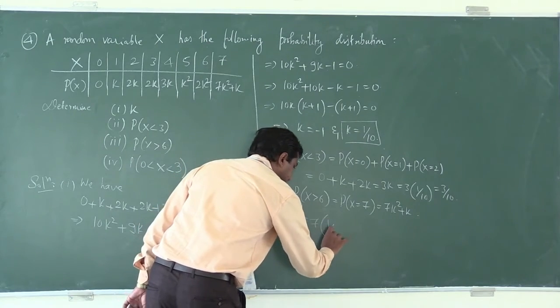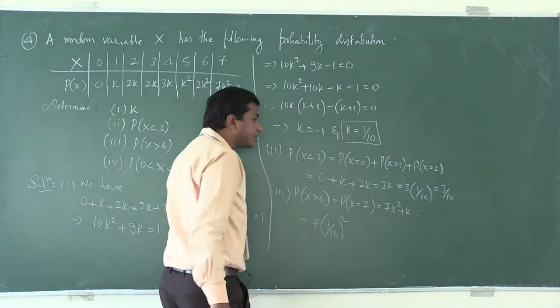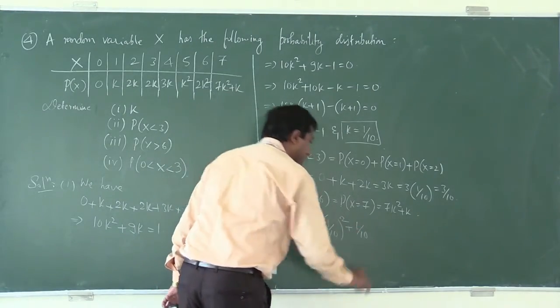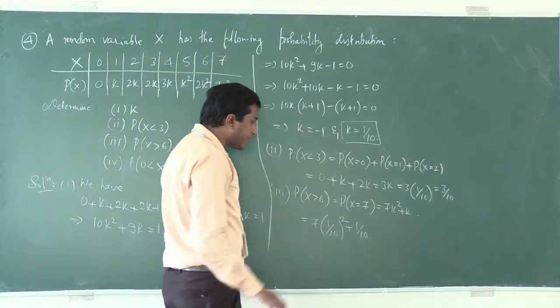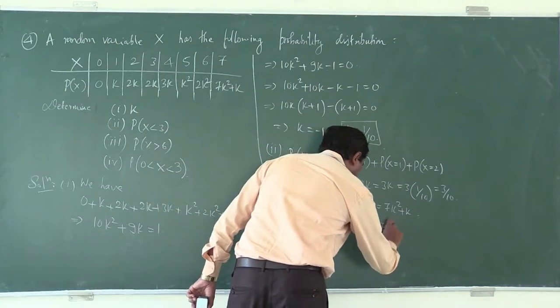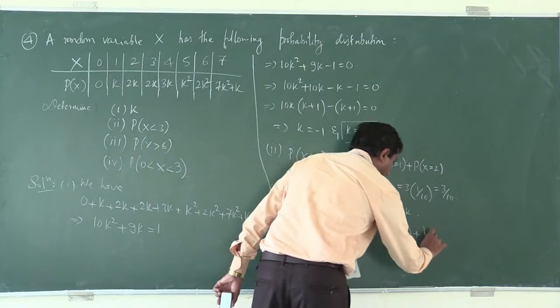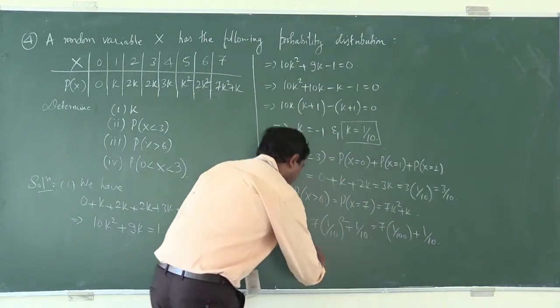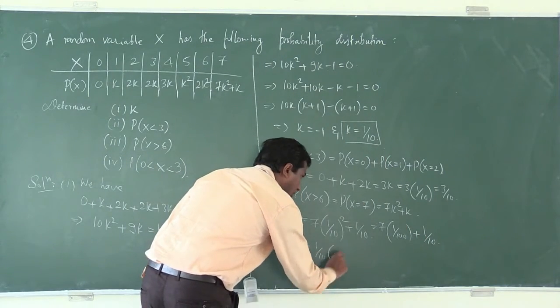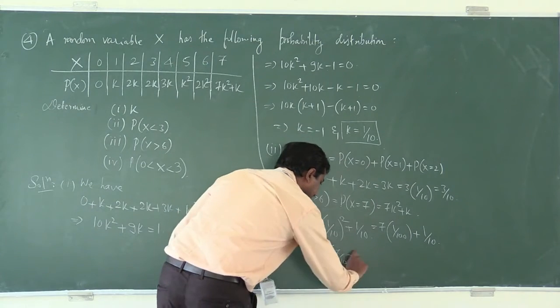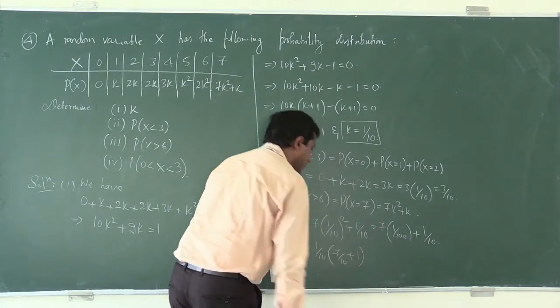We get 7 into 1 by 10 whole square plus 1 by 10. 1 by 10 whole square is 1 by 100 plus 1 by 10. 1 by 10 I can take common. So I have 7 by 10 plus 1.